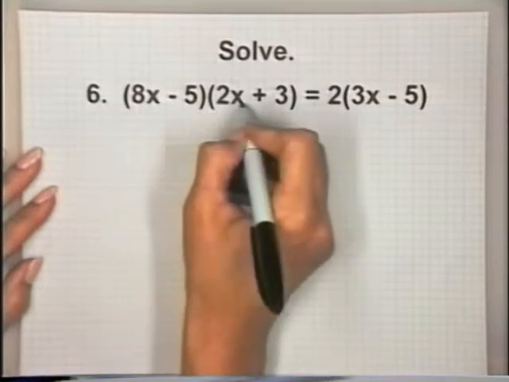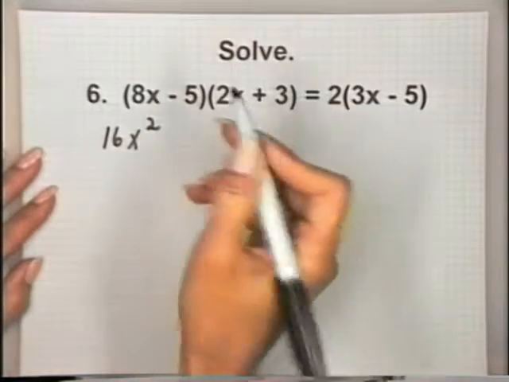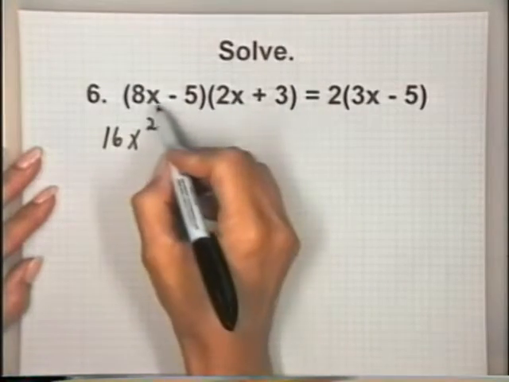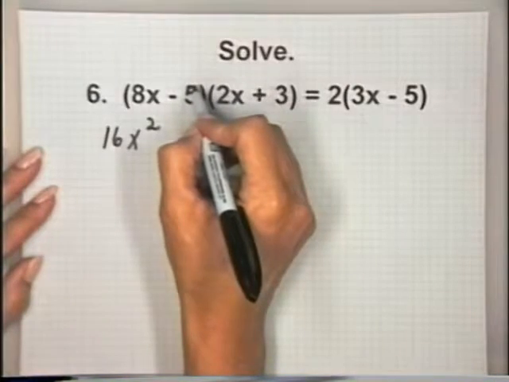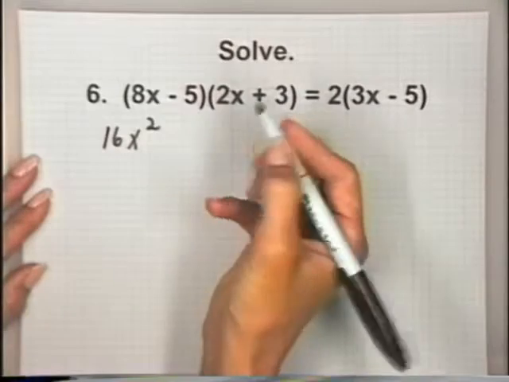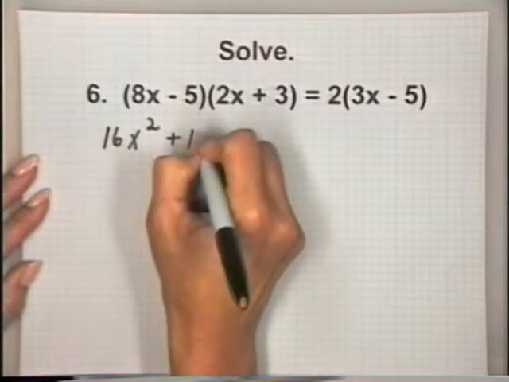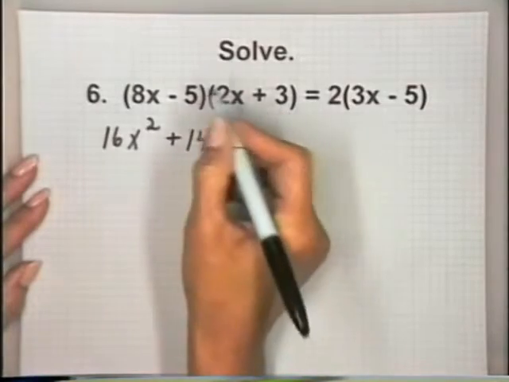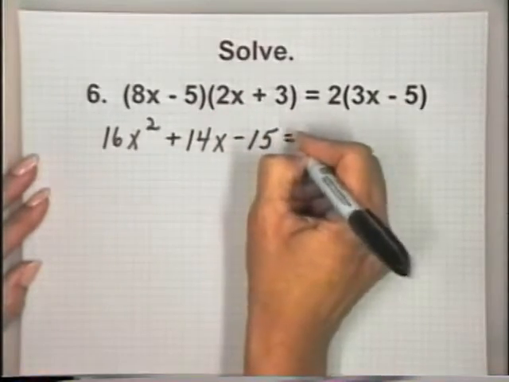Let's say 8x times 2x is 16x squared. For an outer product, 8x times 3 gives us 24x. For an inner product, negative 5 times 2x gives us negative 10x. So 24x subtract 10x will give us a positive 14x. And negative 5 times 3 will give us negative 15.